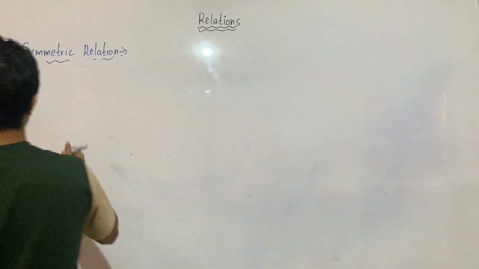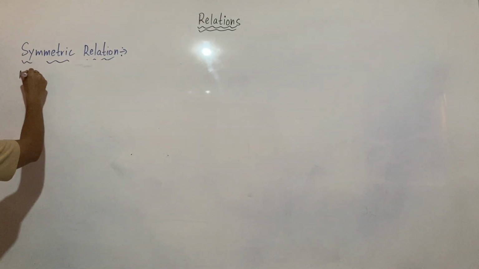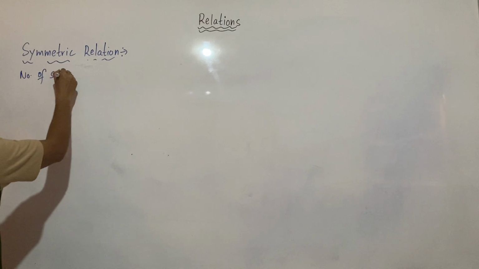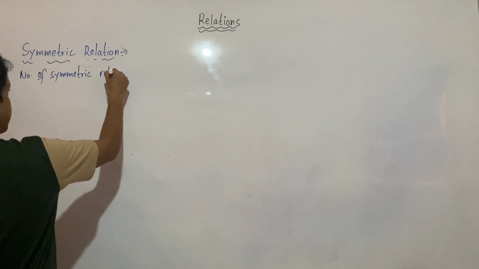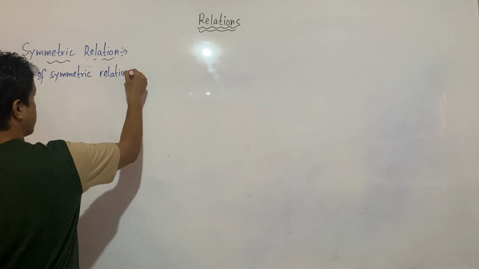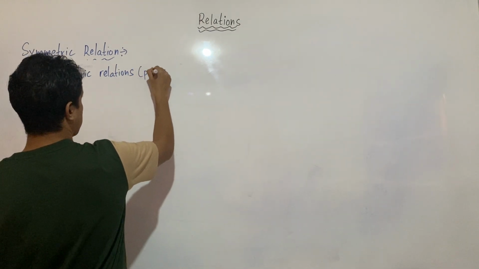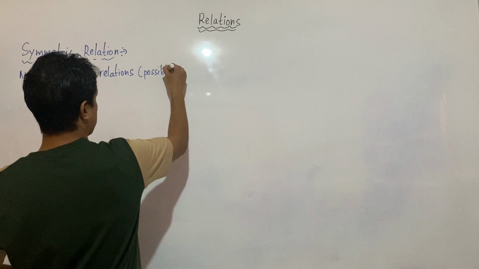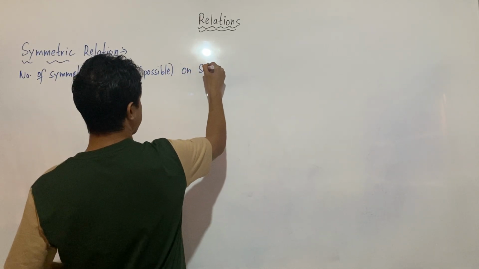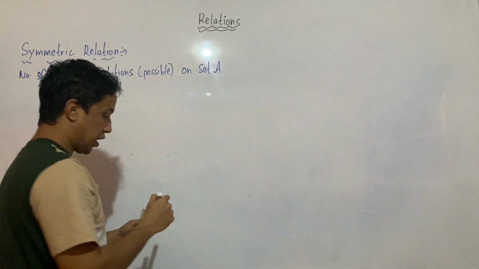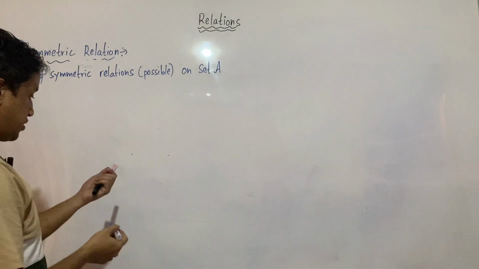Number of symmetric relations possible on set A.